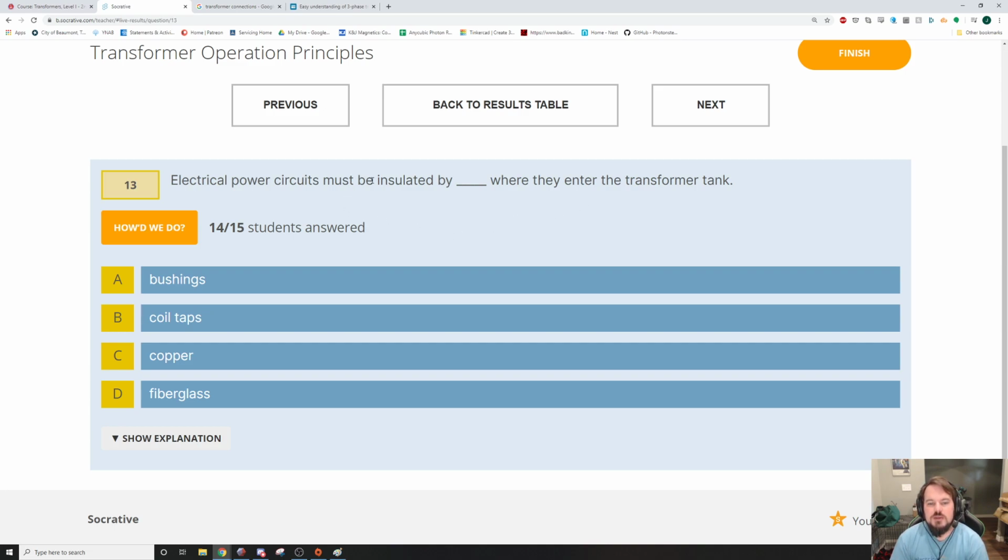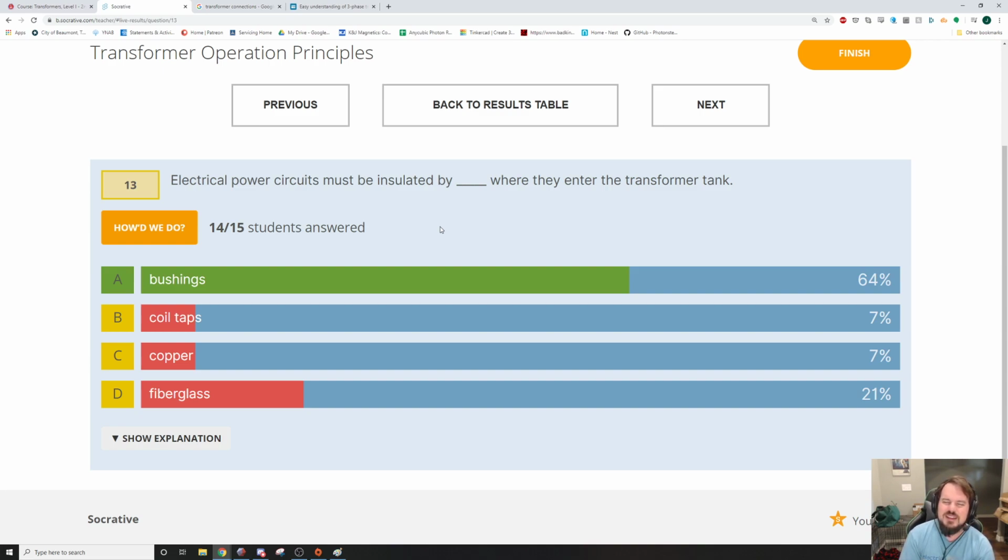Electrical power circuits must be insulated by blank where they enter the transformer tank. Bushings. Yes, absolutely. You have to put bushings so the insulation doesn't get cut and then ground out, and then things happen. The wires leaving the transformer are generally considered unfused because the transformer is considered the point of origination.